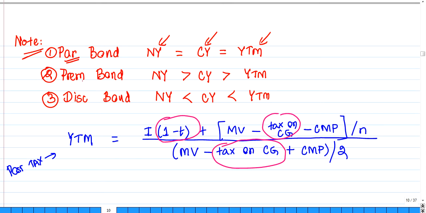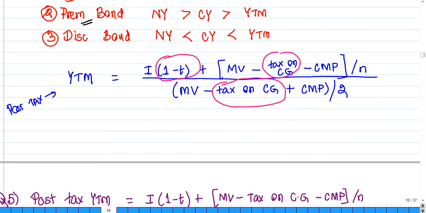At a premium bond, nominal yield is more than the current yield and the current yield is more than the YTM. If it is a discount bond, nominal yield is less than the current yield and the current yield is less than the YTM. Post tax, 1 minus T will come. Again, tax on capital gain.